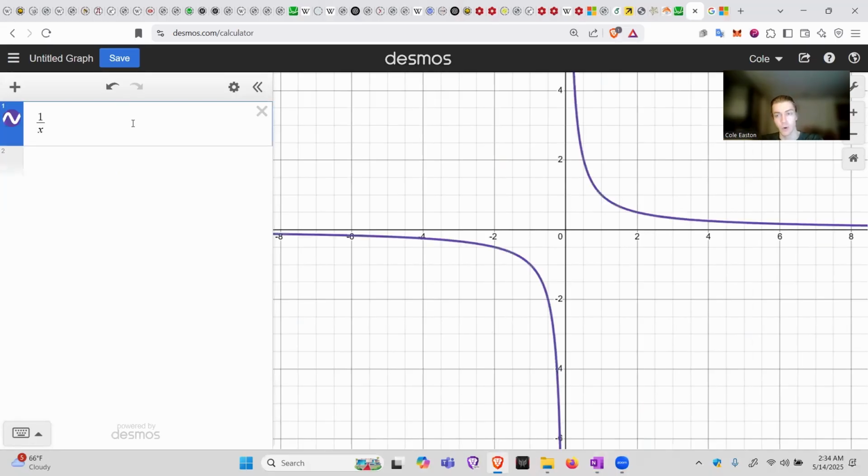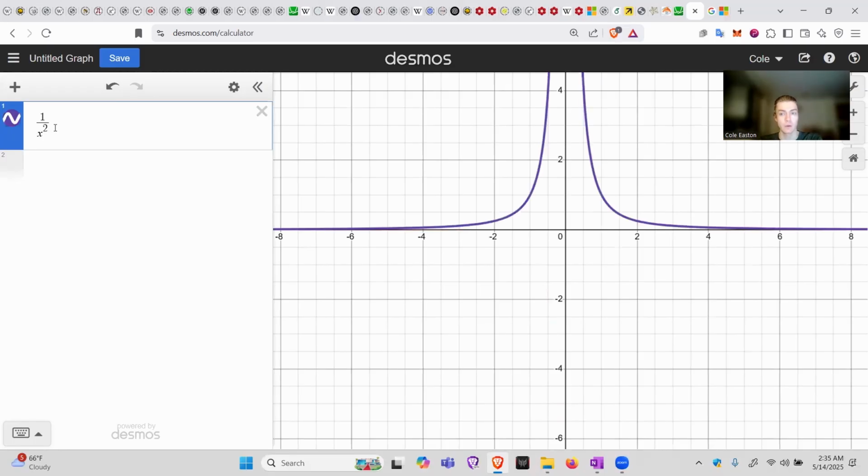What is the end behavior of 1 over x? As we approach positive infinity, we approach zero. As we approach negative infinity, we approach zero. We approach zero from the bottom as we approach negative infinity, and we approach zero from the top as we approach positive infinity. If we go 1 over x squared, we approach zero from the top either way.